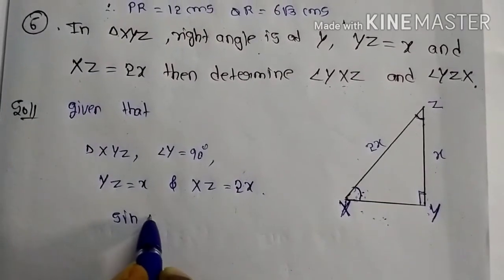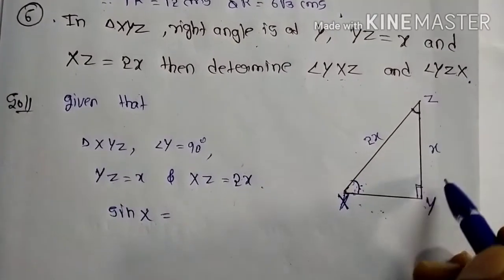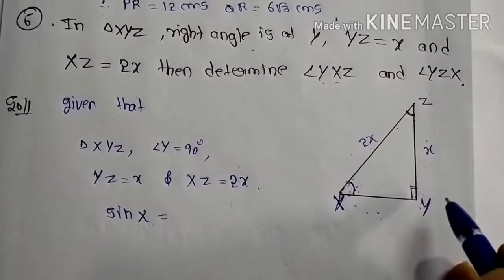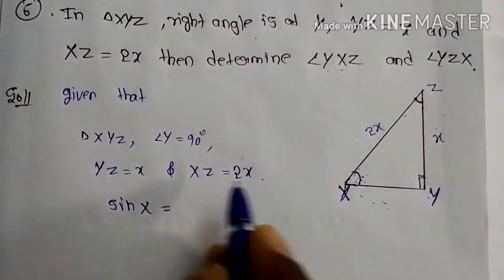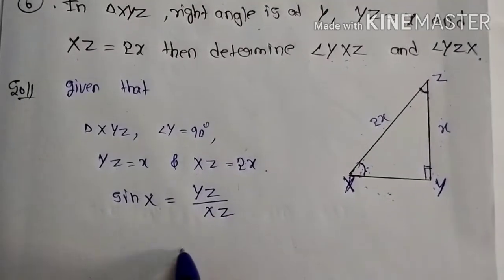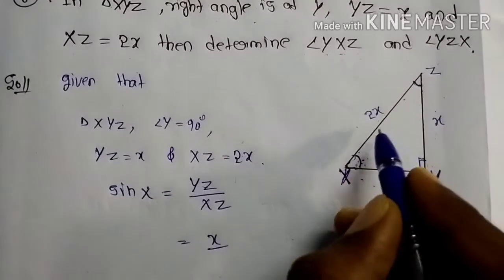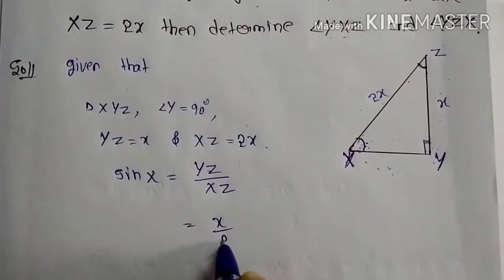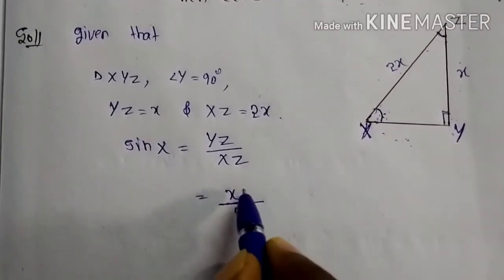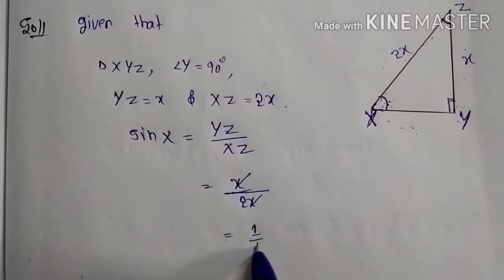What is the formula of sin x? Opposite side by hypotenuse. That means YZ by XZ. YZ value is how much? X only. XZ value is how much? 2x. Just substitute and simplify. The x cancels. That means you are getting 1 by 2.